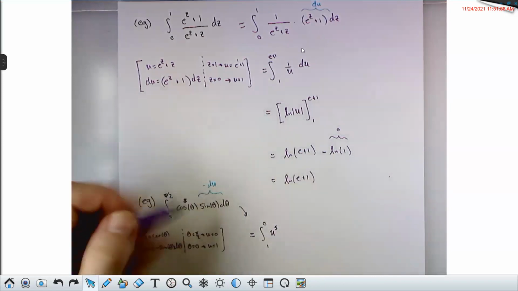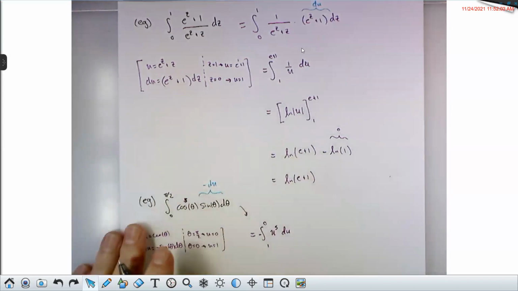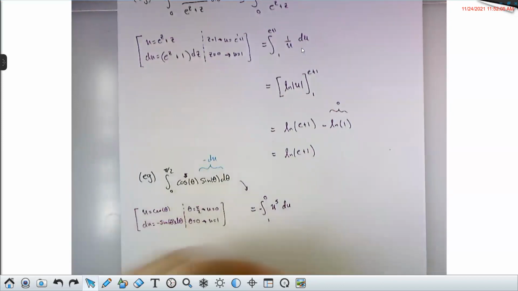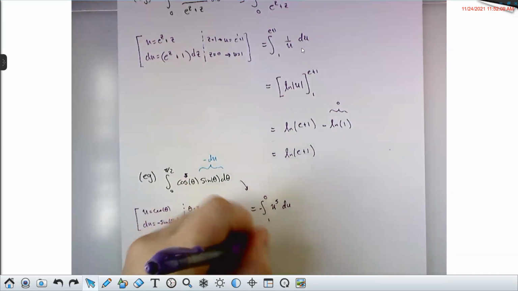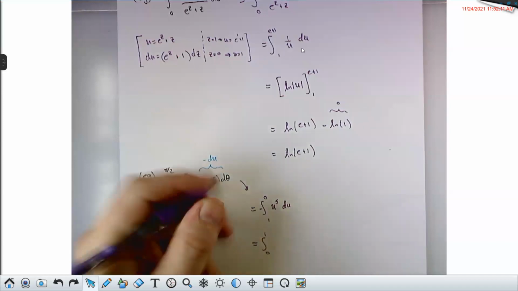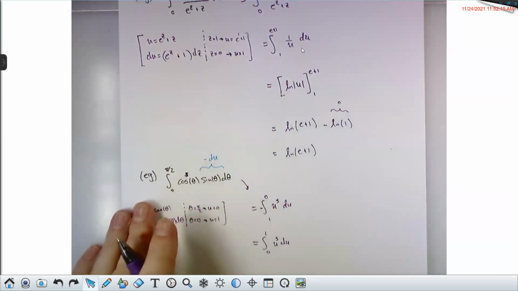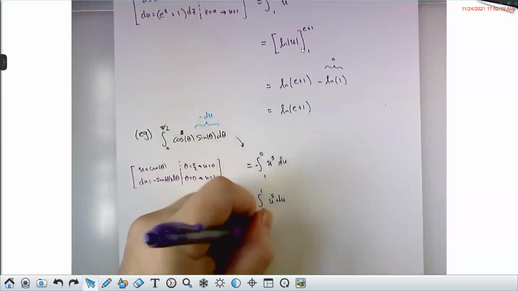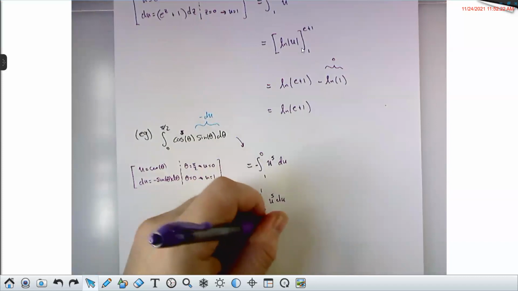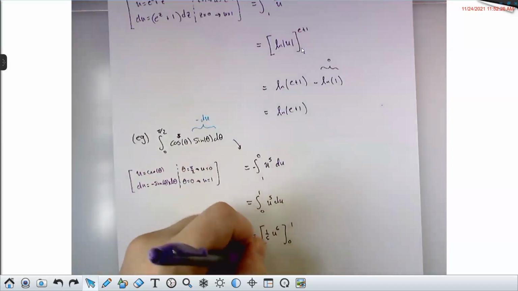Sine theta d theta is negative du, so I can pop out the negative and just write the du. And this is an instance where I would flip the bounds over. Negative integral from 1 to 0 is integral from 0 to 1. And then that is 1/6 u to the 6, evaluated from 0 to 1, which is just 1/6.